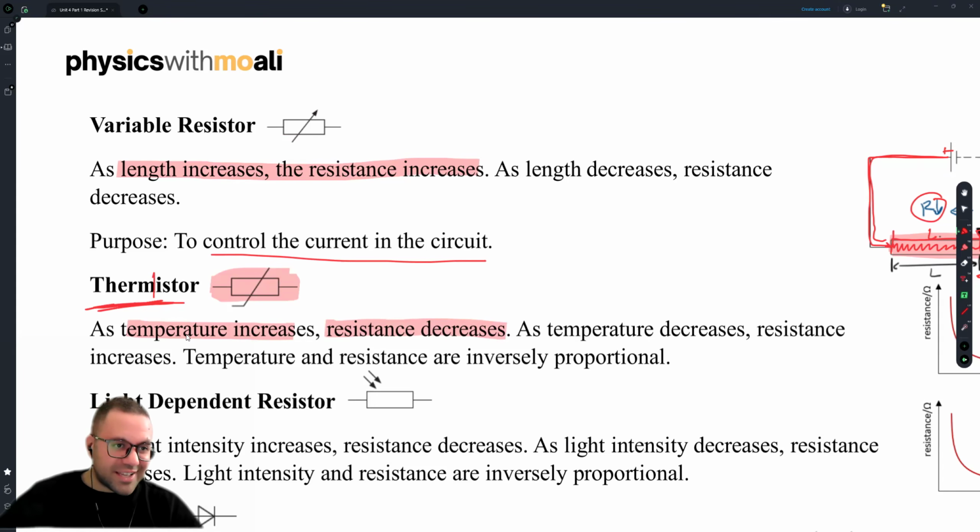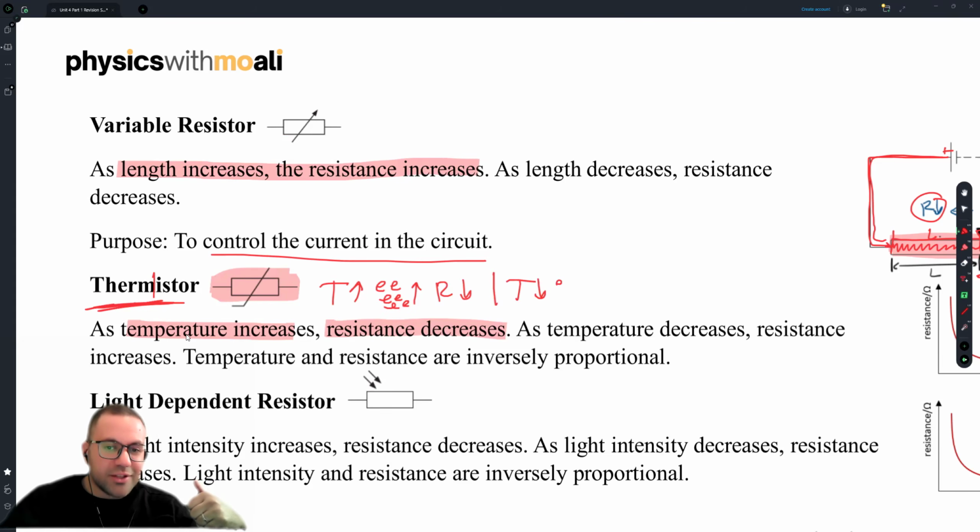But non-metallic conductors, which are called semiconductors, are basically silicon doped with boron and nitride. When they gain energy, usually in the form of heat in this case, they get more free-moving electrons. They become better conductors, which means they resist less. And when they cool down, they lose that energy. They lose those free-moving electrons. They go back to their atoms.